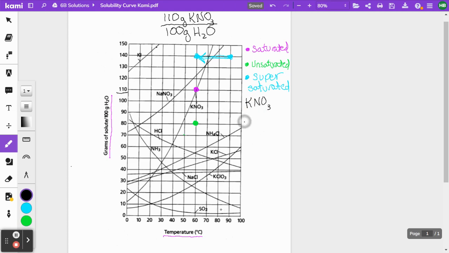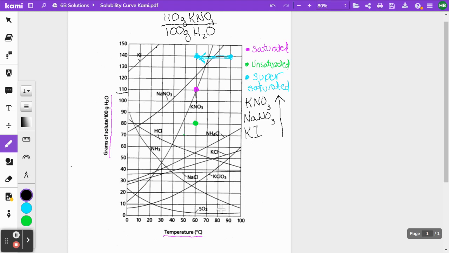Same thing for NaNO3. Same thing for KI. Okay, who can find a line on here that is the opposite of that? As the temperature goes up, the solubility goes down.